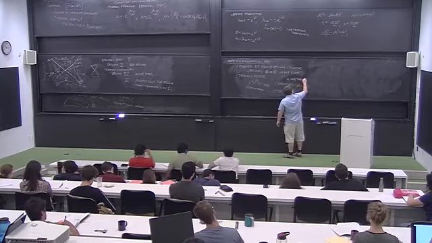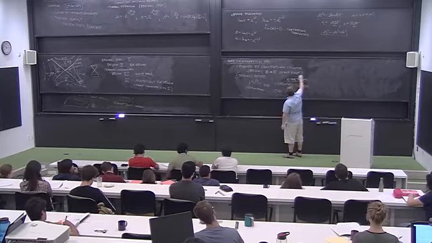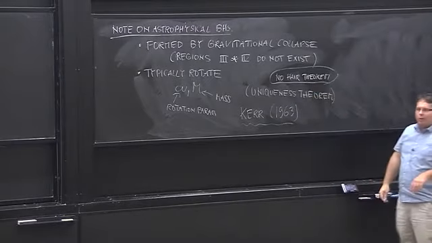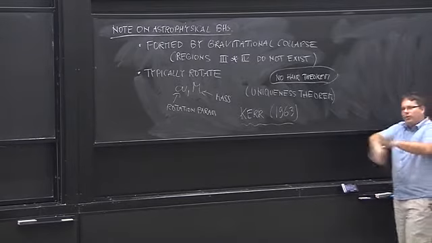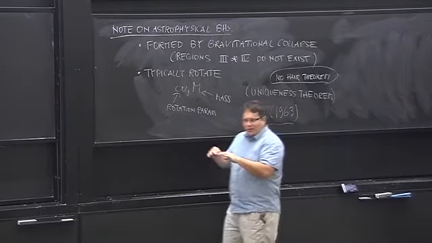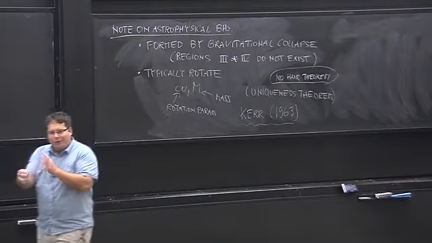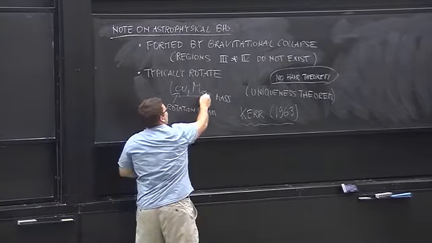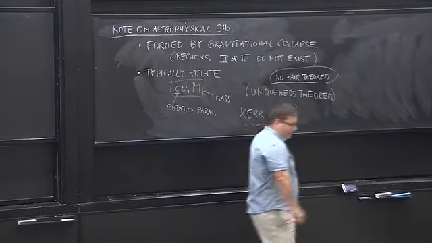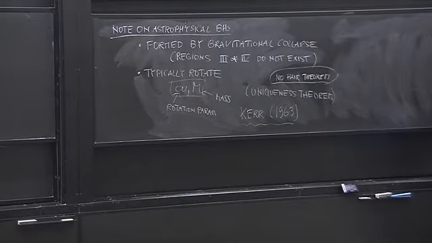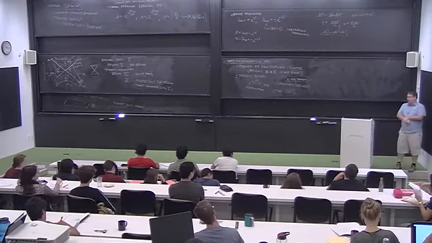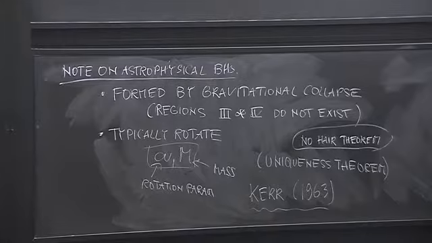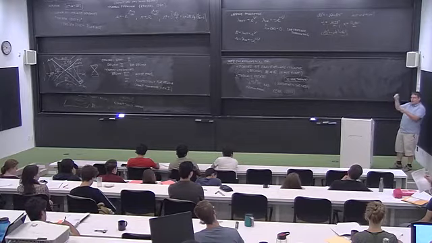And basically what it says is that if you started with a star with arbitrary multipole moments, these multipole moments have to radiate away. And then you just get one unique prescription for how the final black hole looks like. And it's entirely describable in terms of the two parameters, A and M. Well, that's not entirely true. You can also have an electric charge, but electric charge is typically not astrophysically interesting, because if you have a charged object, it tends to attract other charges to neutralize it.